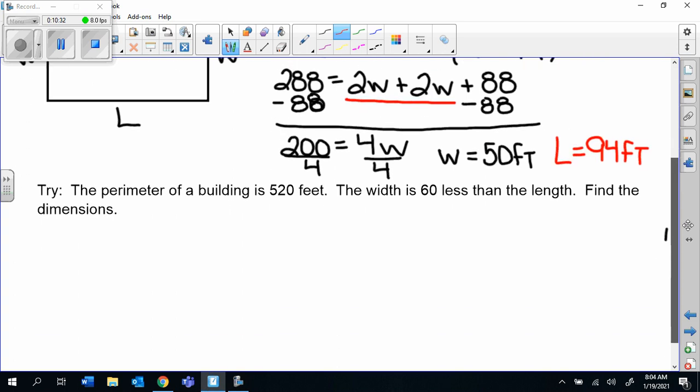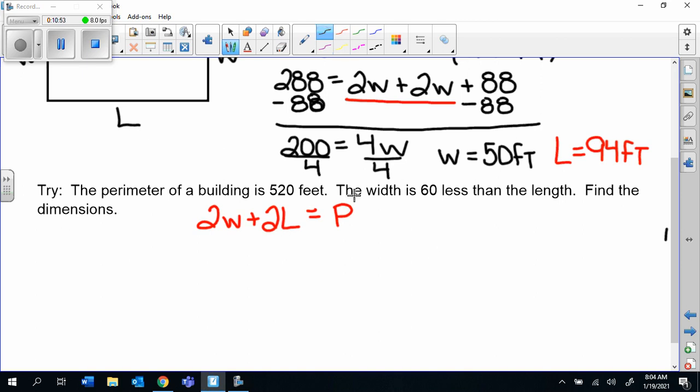So super similar. You can try one here. You don't really even need a picture to do the rectangle ones. The formula is exactly the same. If you prefer, you can even write it like this, and so that perimeter is on the right-hand side.